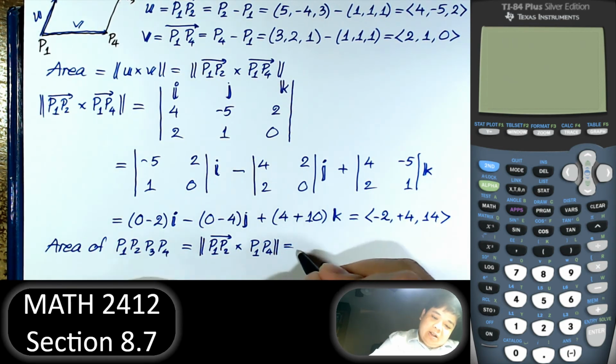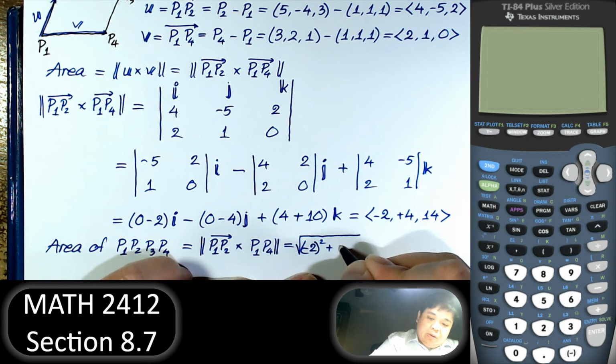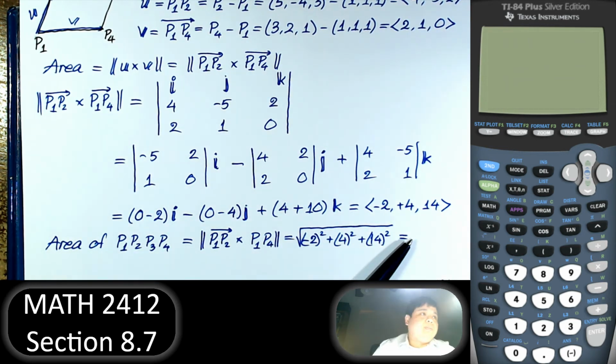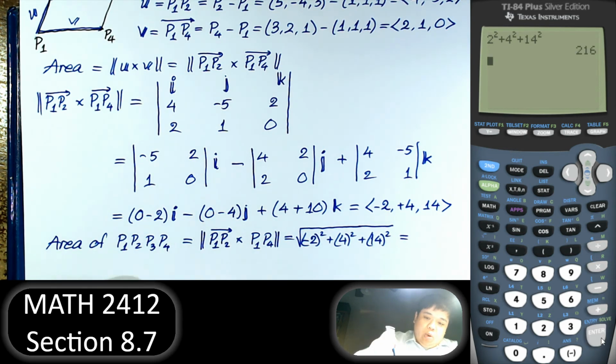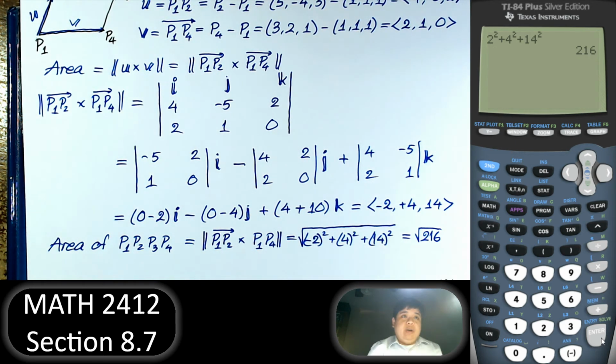So the magnitude of this: -2 square plus 4 square plus 14 square. -2 square or just 2 square, same thing. 4 square and 14 square. So we have the square root of 216. So the area of the parallelogram P1, P2, P3, P4 is that.